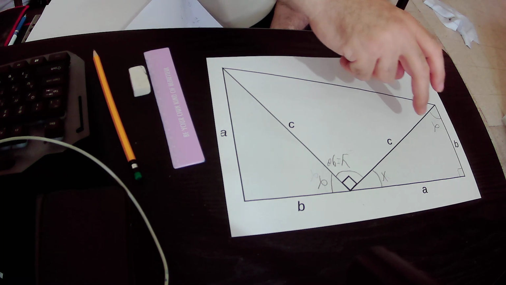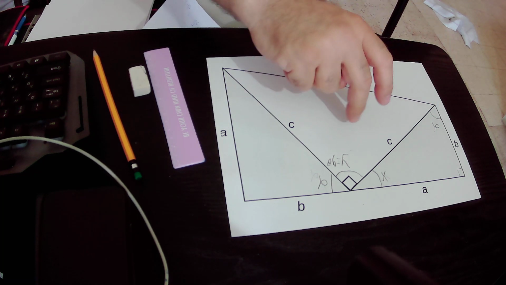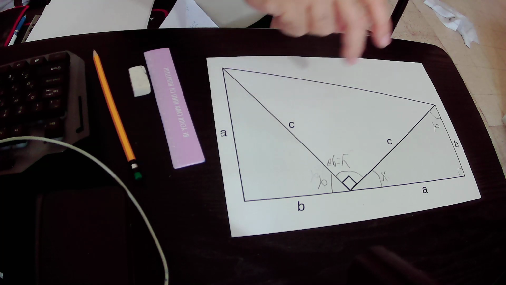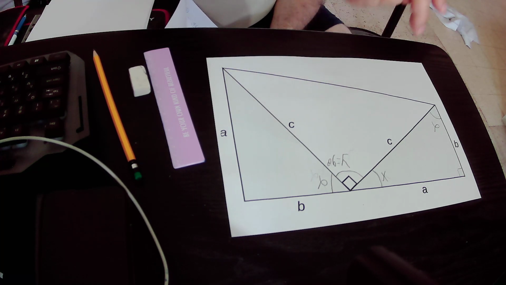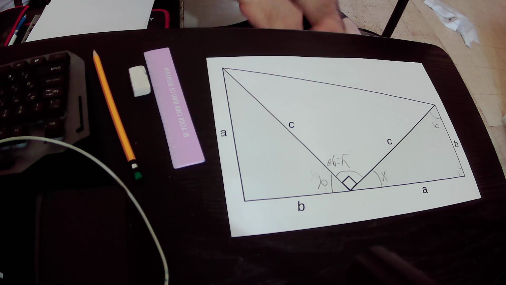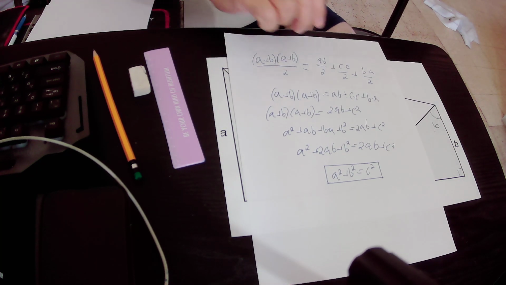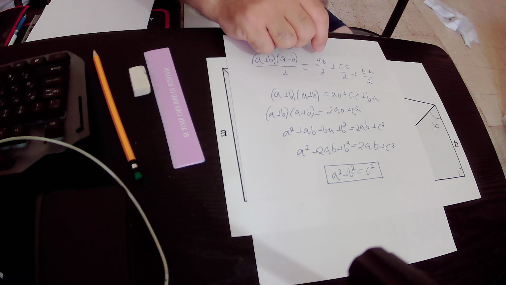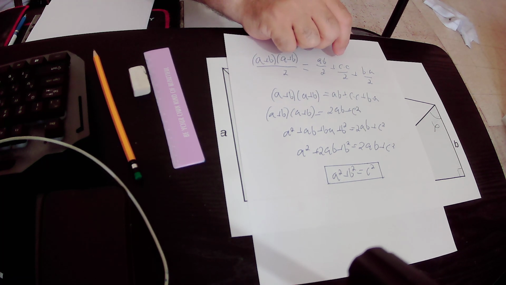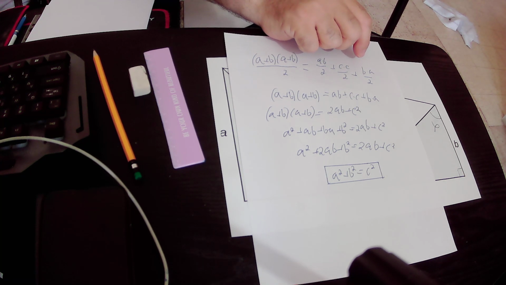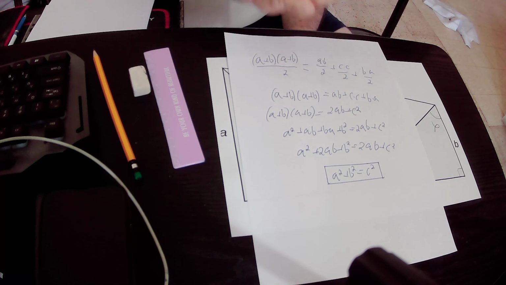This is the second way of calculation. The area of the right triangle is A times B divided by 2, the area of the middle triangle is C times C divided by 2, and the area of the left triangle is B times A divided by 2.